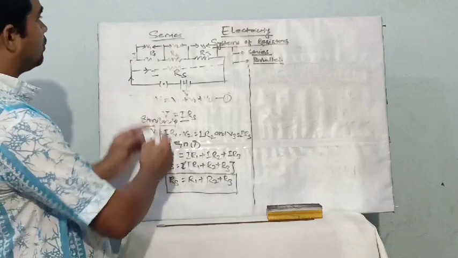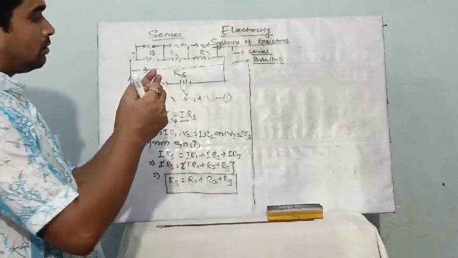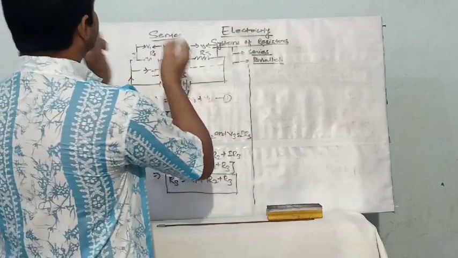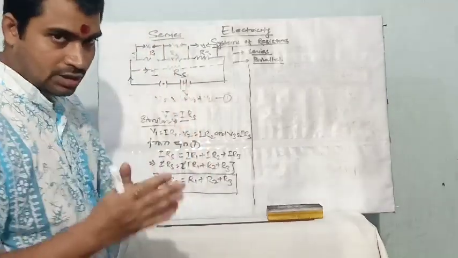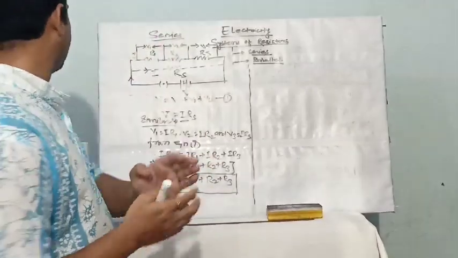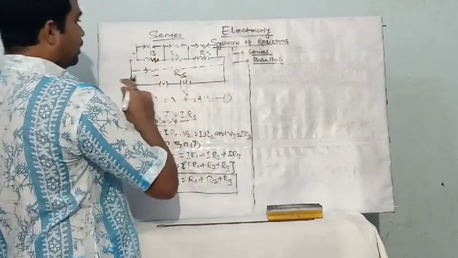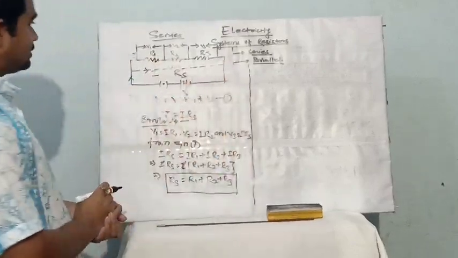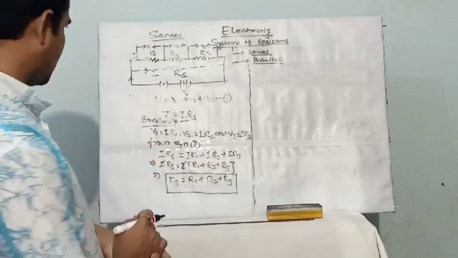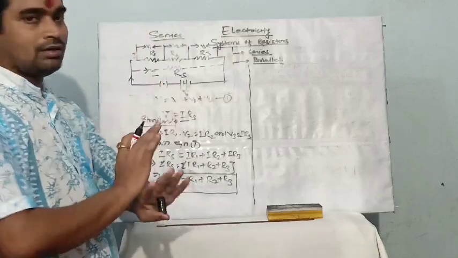This is one of the great problems in the series combination. जो सबसे बड़ी समस्या है, जो सबसे बड़ी प्रॉब्लम है. In case of series combination, all the devices are connected with a single switch, and if any one gets damaged, the others will not work.